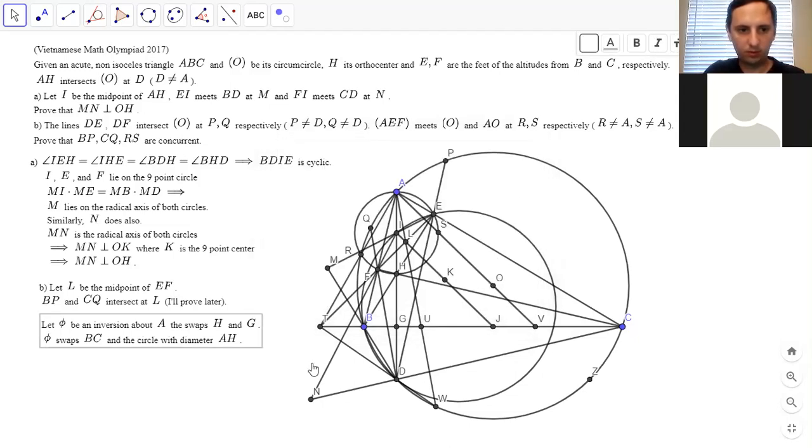So phi takes R to T, S to V, and L to U.